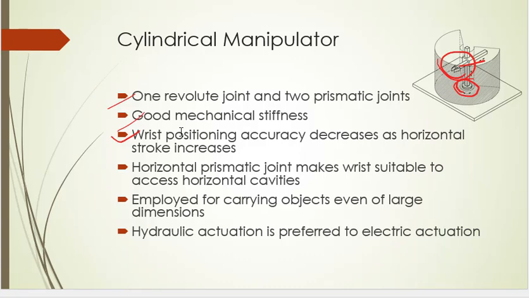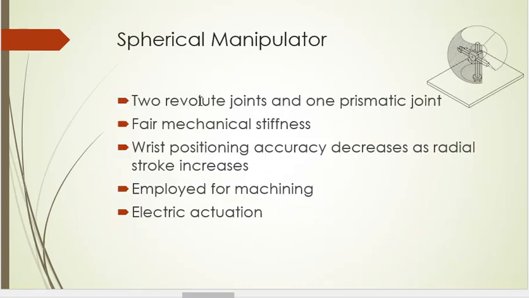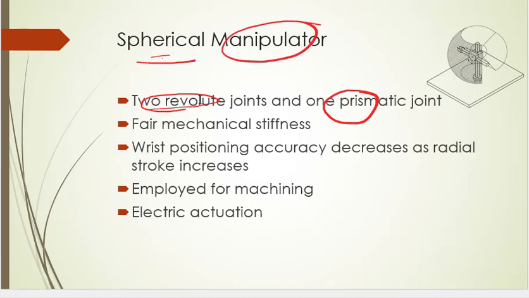Another is the spherical: two revolute joints and one prismatic joint. In the spherical manipulator, this one is a revolute joint, this is also a revolute joint, and there is one prismatic joint.